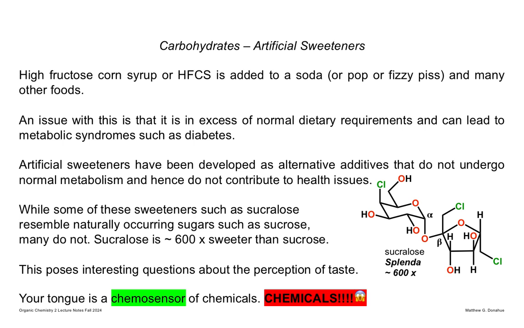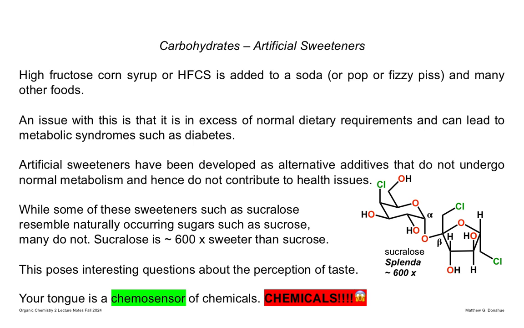I mean, once you start, you can't stop. But the excess, again, leads to these issues where your body just can't process the excess that's in there. So artificial sweeteners are alternative additives that don't undergo the normal metabolic processes. So it gives you the perception of sweetness, and then it just sort of goes through you, and you don't have any of the negative side effects.